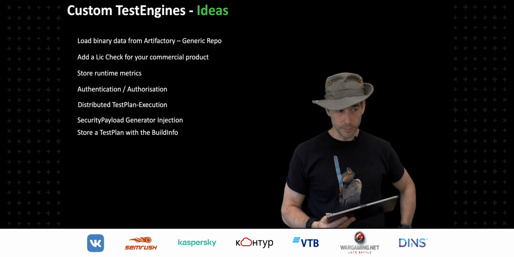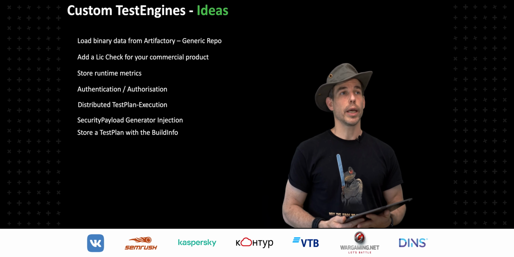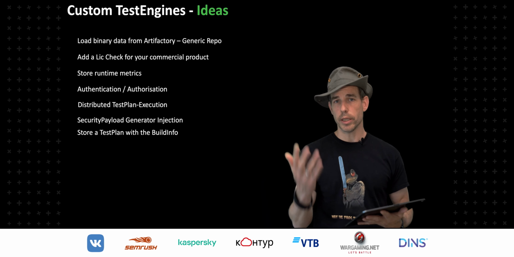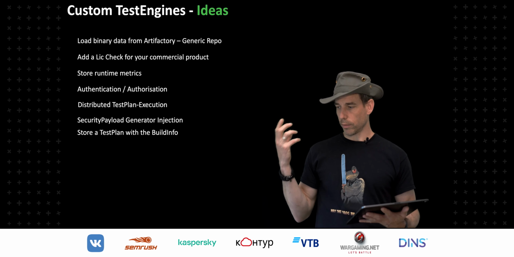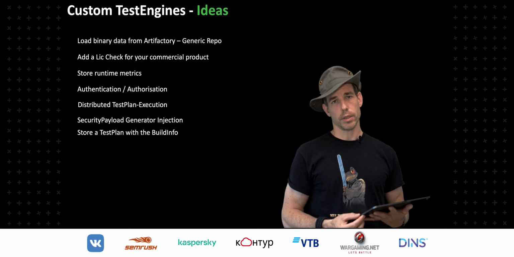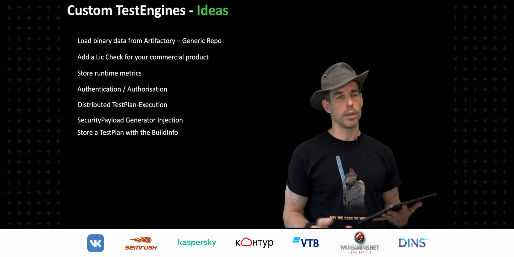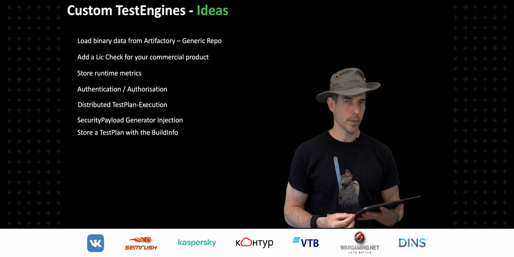For example, if you're creating a product for the TDD world, and you want to have something that you are ramping up, ramping down inside your custom test engine, you can, for example, do something like a license check in the beginning.